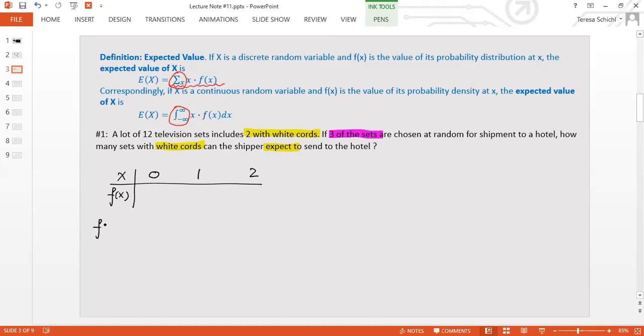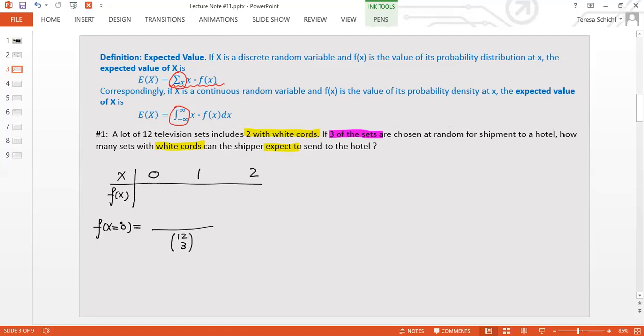So let's see here. f of x equal to 0. What is the probability I'm going to get 0 white cord? Total, how many sets are there? You have 12 and you take 3, correct? So you have 12 sets, you take 3.